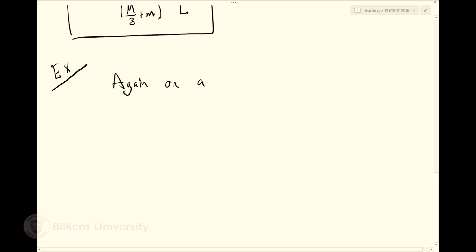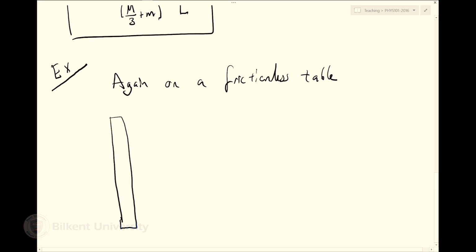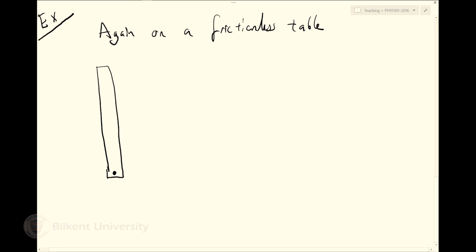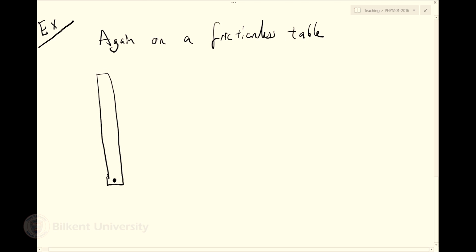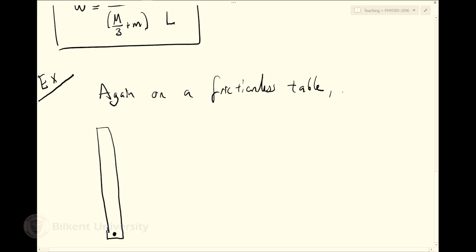Again, on a frictionless table, I have a rod, uniform rod, fixed from one end point.